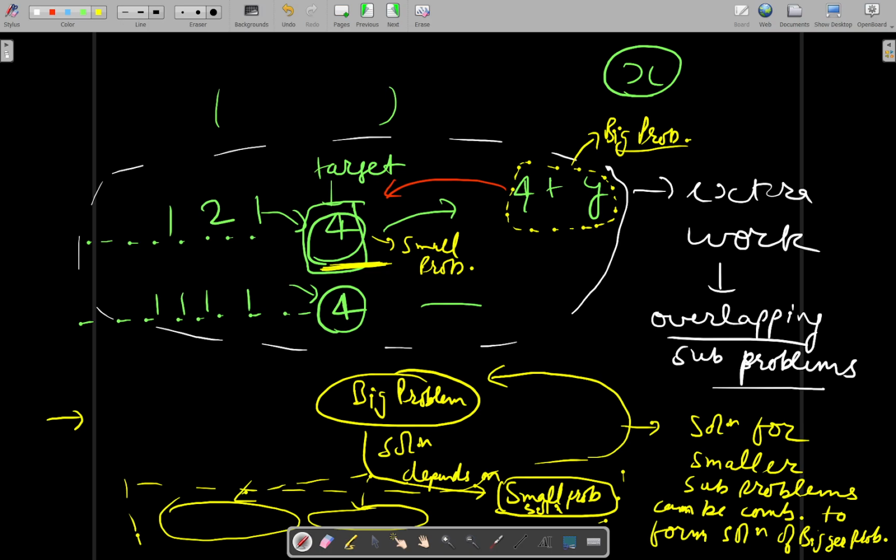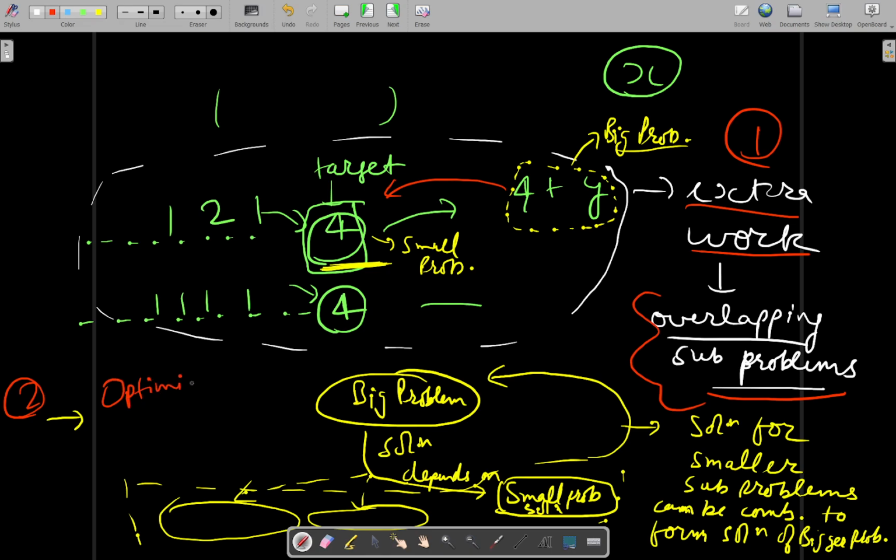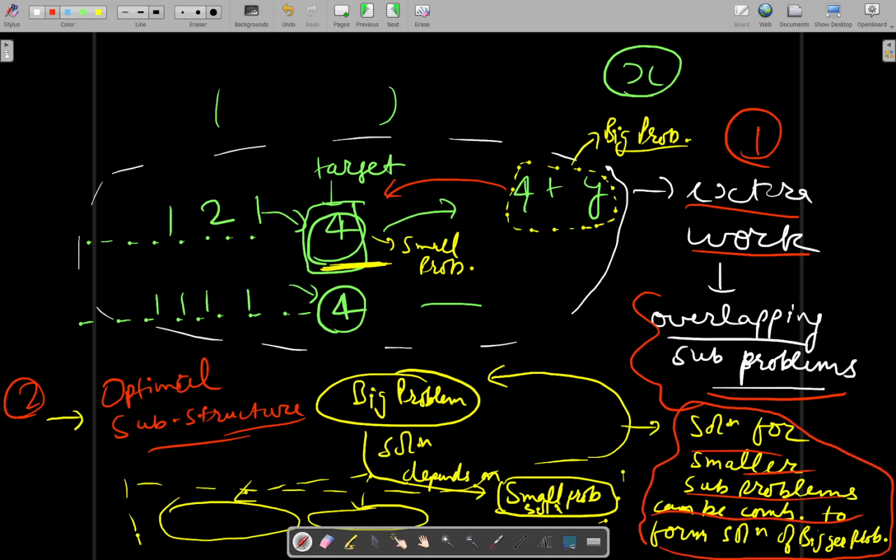So these are the two observations that we are making. First is overlapping subproblems. Due to overlapping subproblems, extra work is being done. And the second one is optimal substructure. Here the solution for smaller problems can be combined to form the solution for the bigger problem.